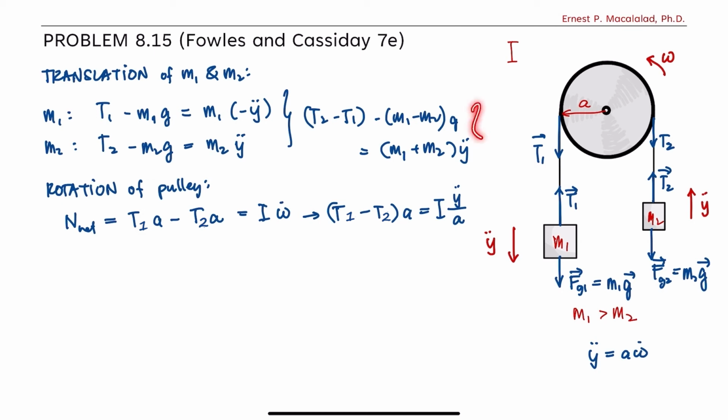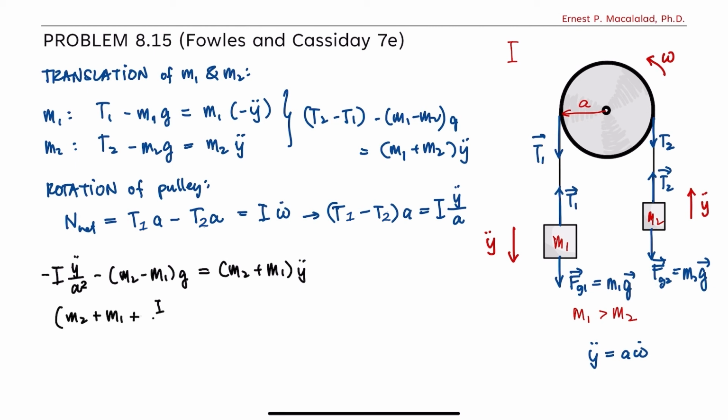Combining these two equations, we have minus I y double dot over a squared minus (m2 minus m1) g equals (m2 plus m1) y double dot. Rewriting this, we have (m2 plus m1 plus I over a squared) y double dot equals (m1 minus m2) g.